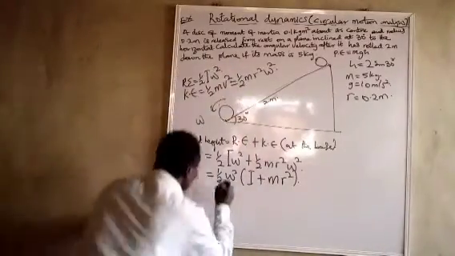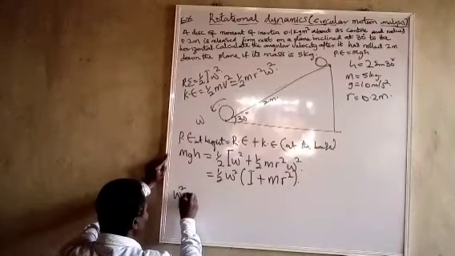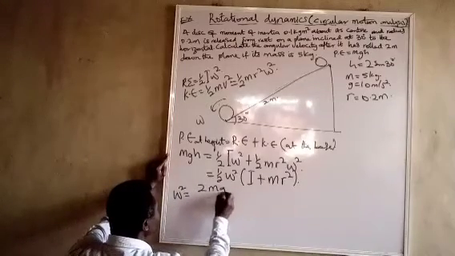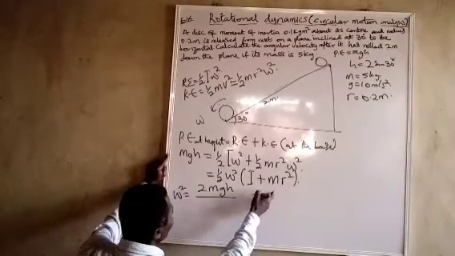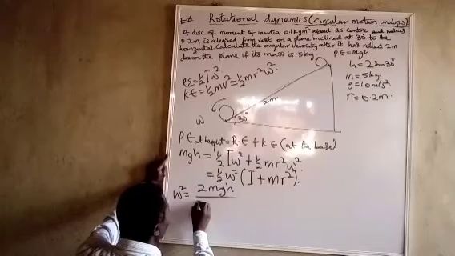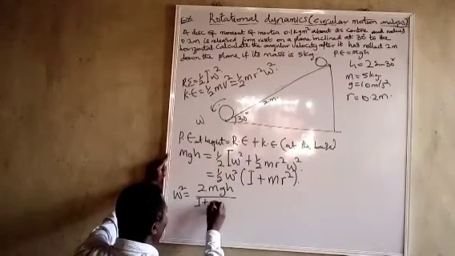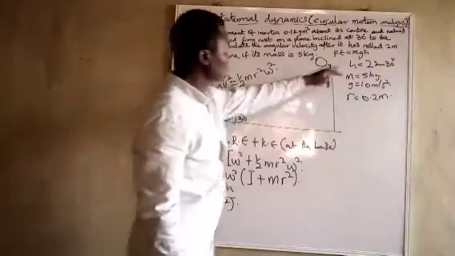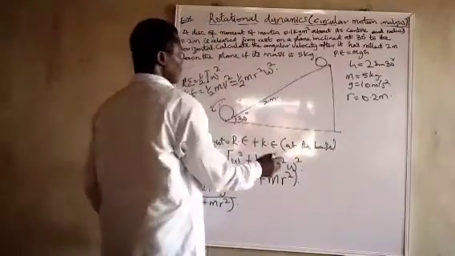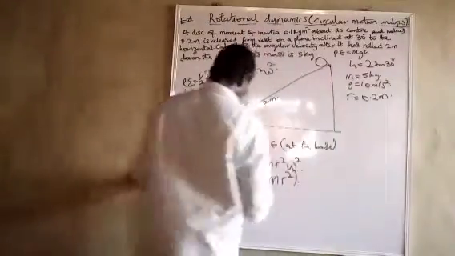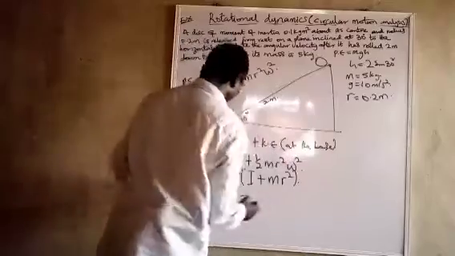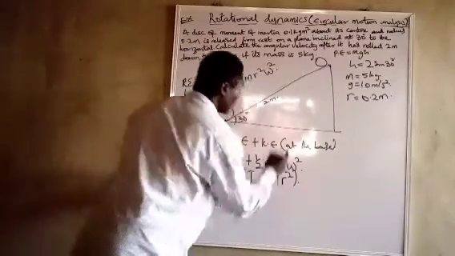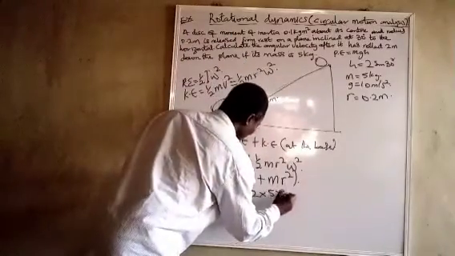So omega squared is equal to 2 mgh over I plus mr squared. Straight and direct. And we know our h is 2 sin theta. So it's going to be 2 times, what is our m? 5 times 10.